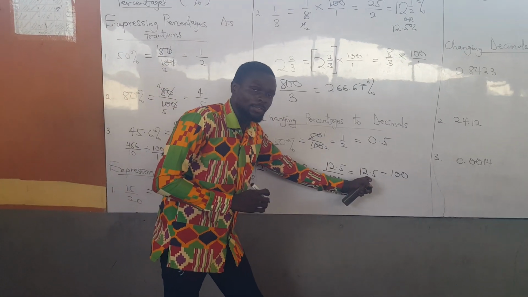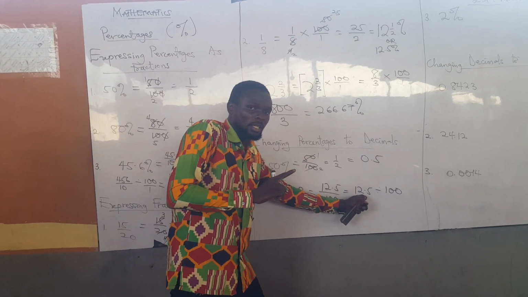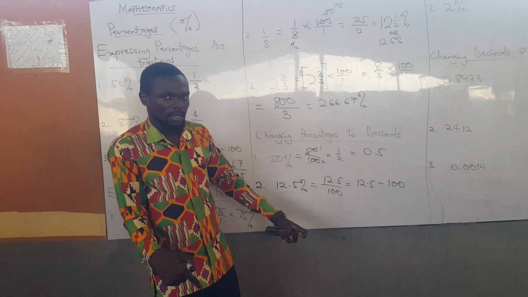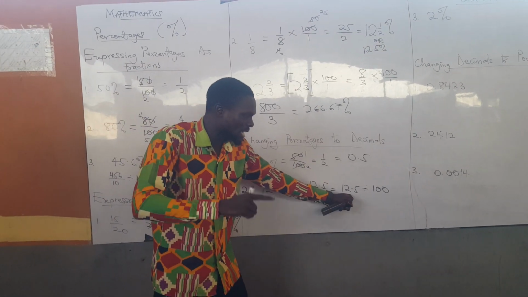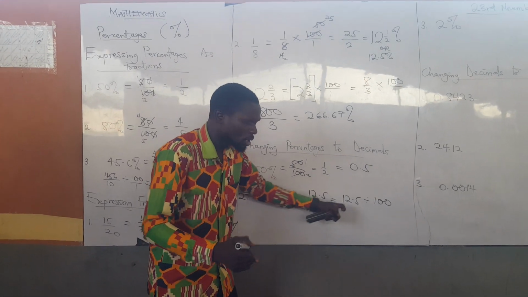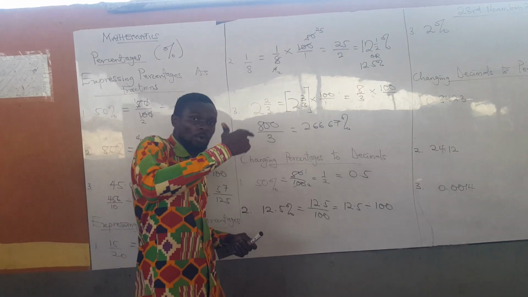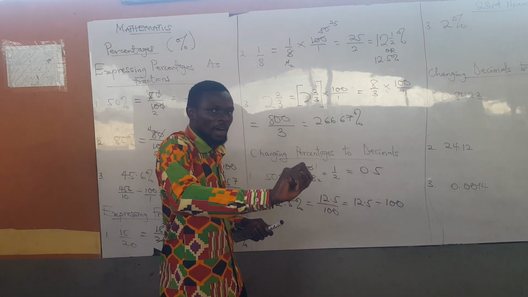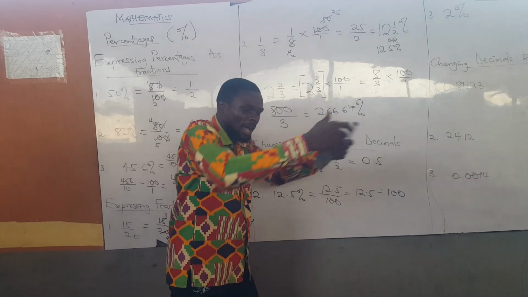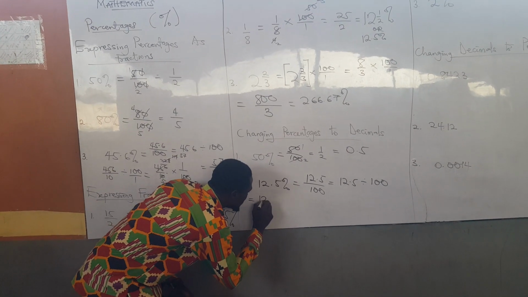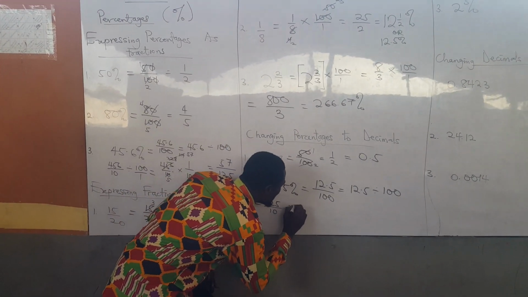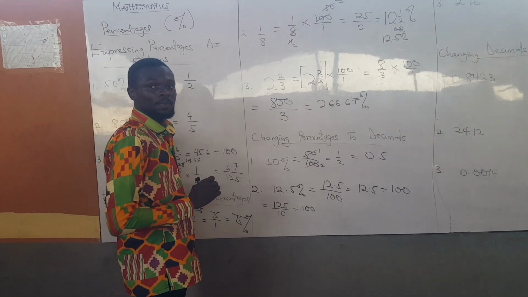This 12.5, you change it into mixed fraction, giving us 12 whole number 5 over 10, because we've talked about how to change this into fraction. Then you change it into improper, which is going to give you 125 over 10 divided by 100.